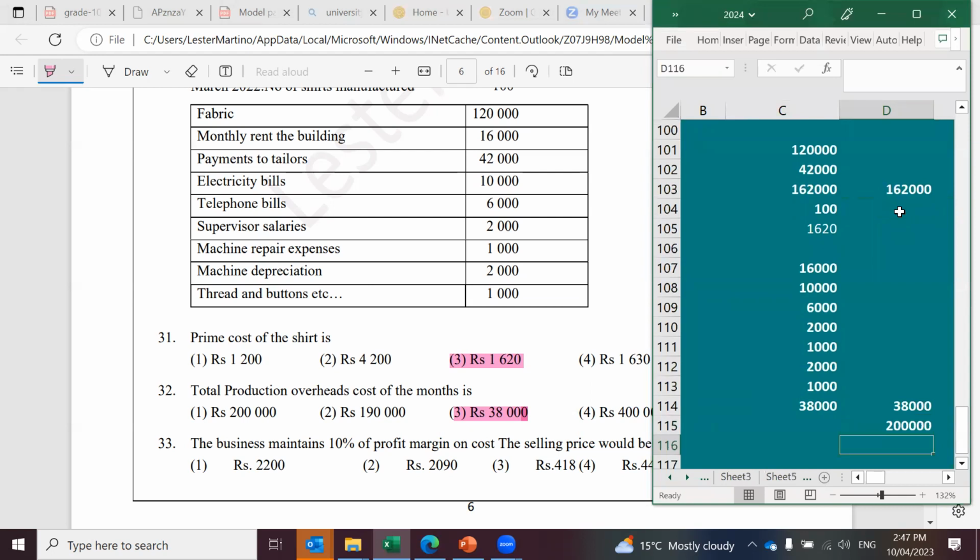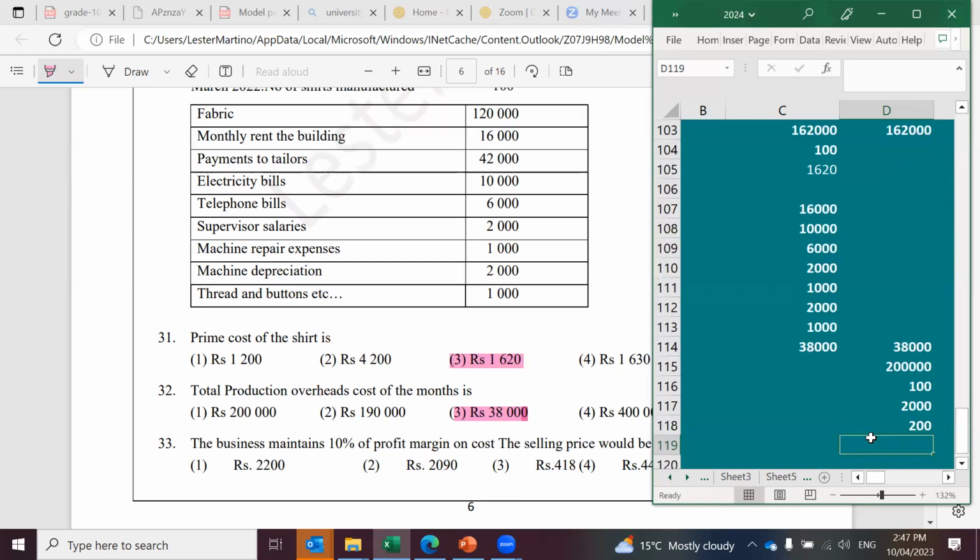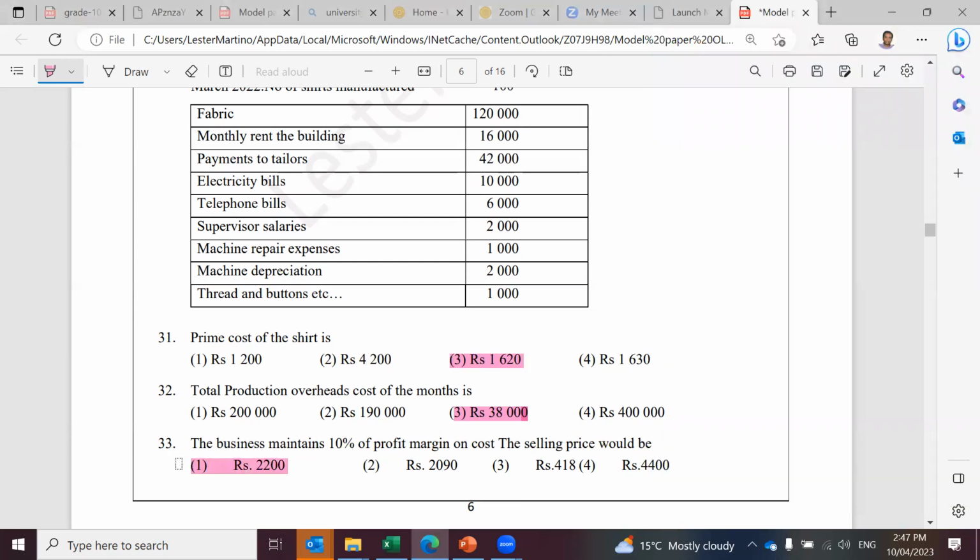Answer is 200,000. So that divided by 100, the cost per one shirt is 2,000. So the gross profit margin is 10%, which is 200. So 2,200. Is it clear?